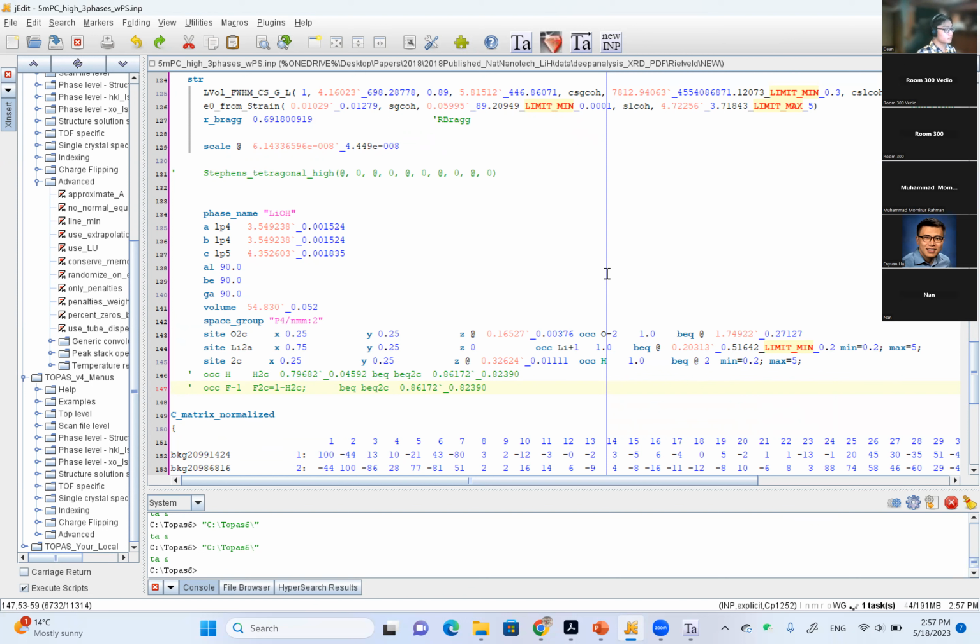Rietveld refinement, and Pauli or Le Bail, that's also called structureless refinement, because in those cases your intensity is not related to your structure. It doesn't really care what kind of atoms you have in the structure. What it really cares about is the position of the peaks. So what defines your position?